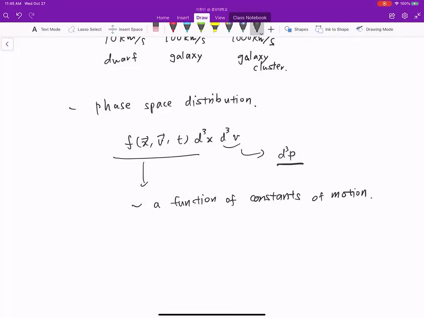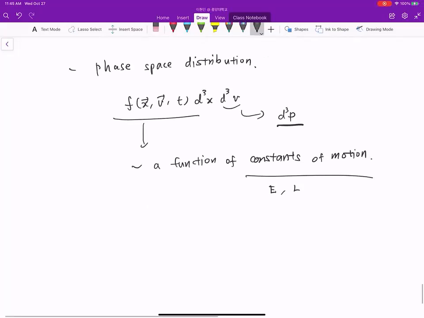So that's why I'm saying that this phase space distribution is a function of constants of motion, like energy and angular momentum. So, for instance, the phase space distribution is a function of total energy.